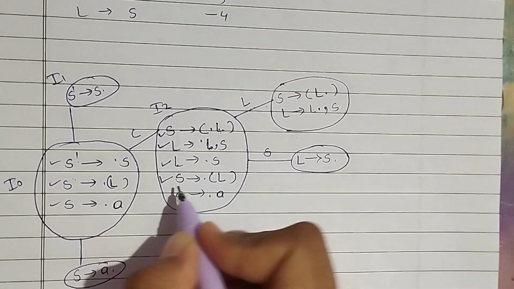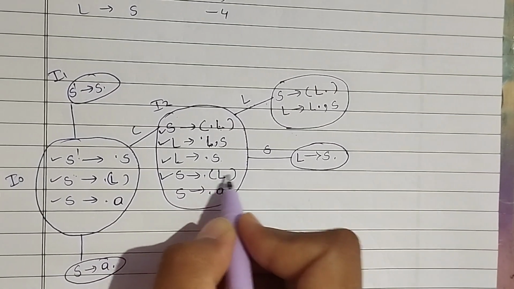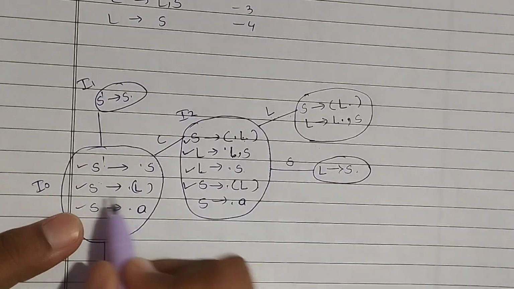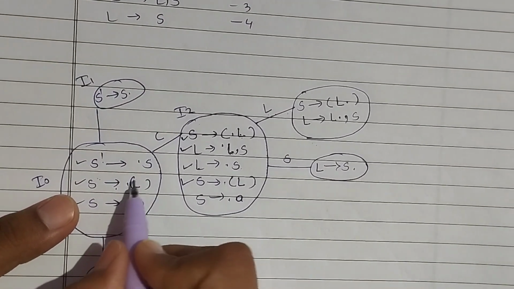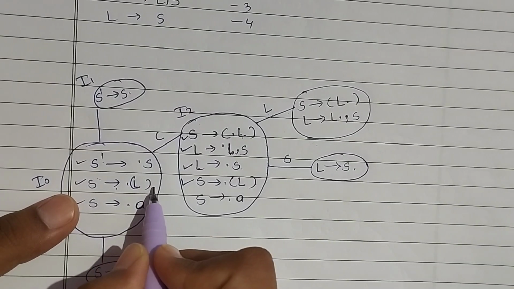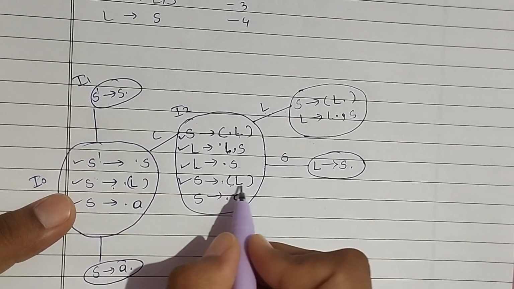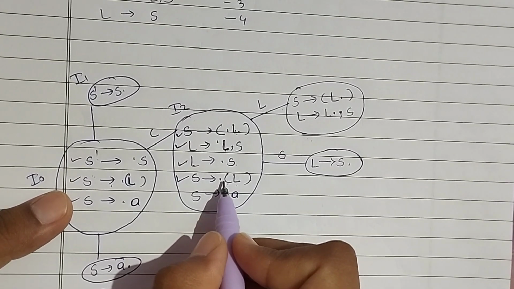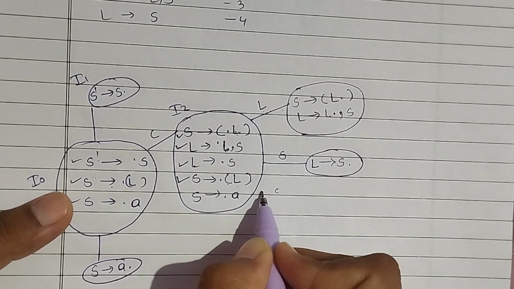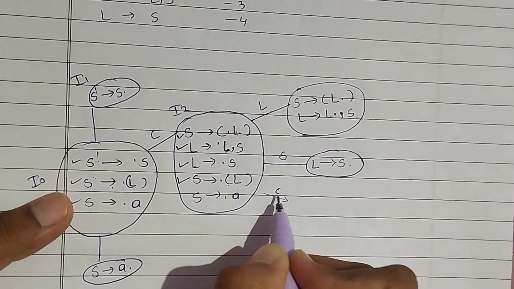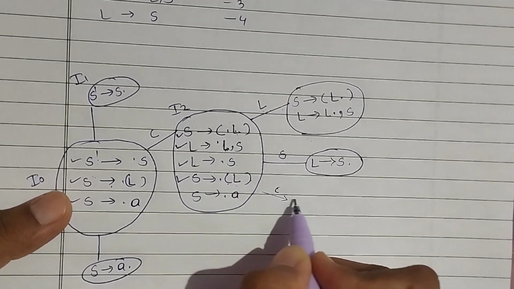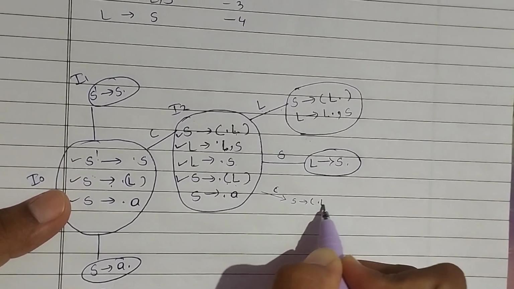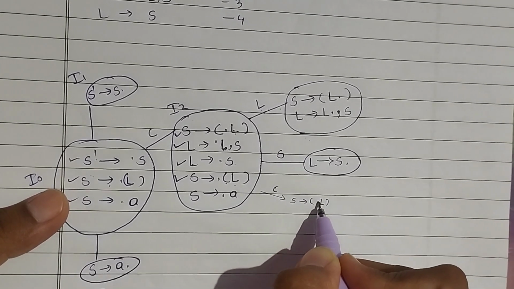Now we visit here: S → (·L). But if you see, this same grammar is present here: S → (·L). If we explore this more, the dot changes with respect to the opening bracket, and the grammar is shifted like this: S → (·L).